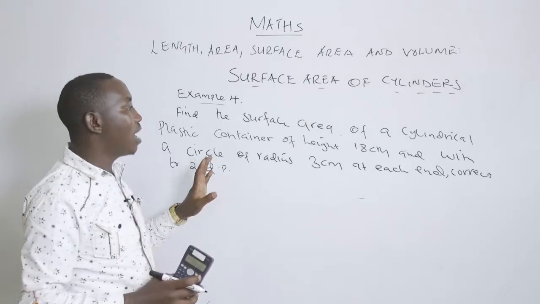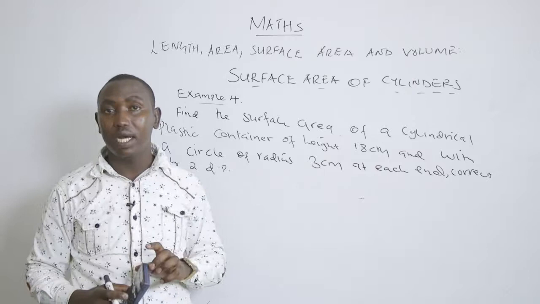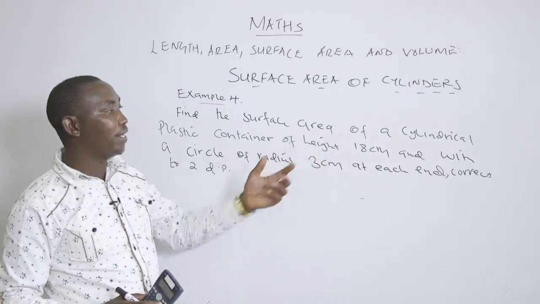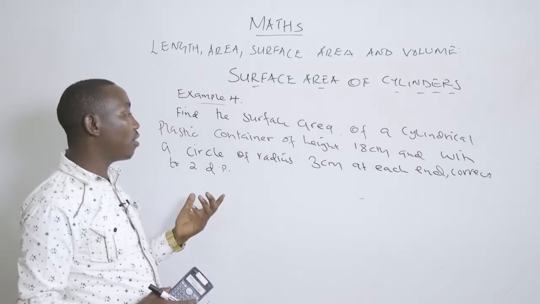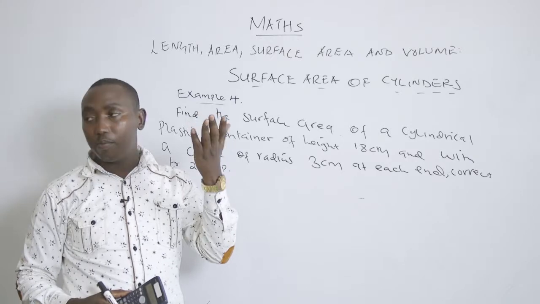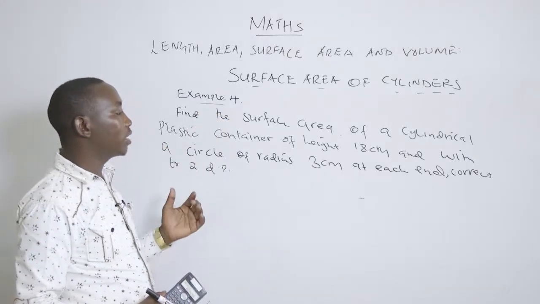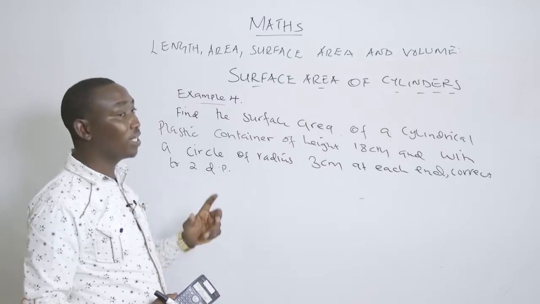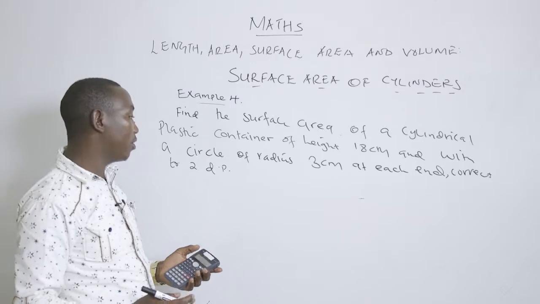So we have a cylindrical or plastic container which has a height of 18 centimeters and it has a circle of radius 3 centimeters on the top part and also on the bottom part. We are supposed to find the total surface area of this particular cylindrical container.